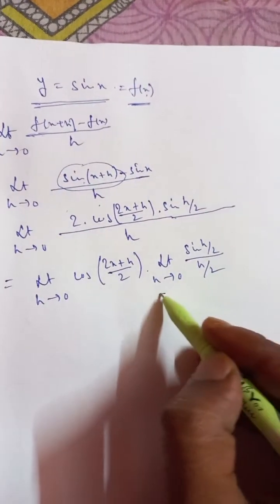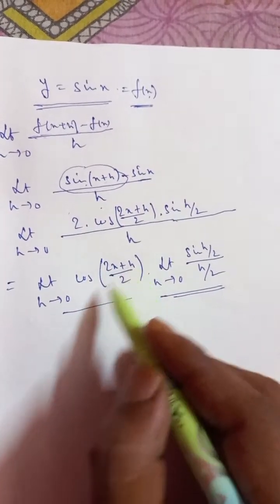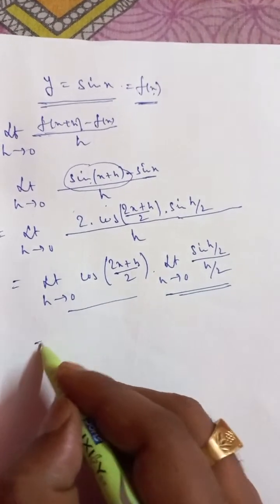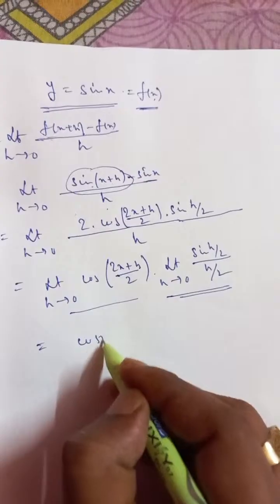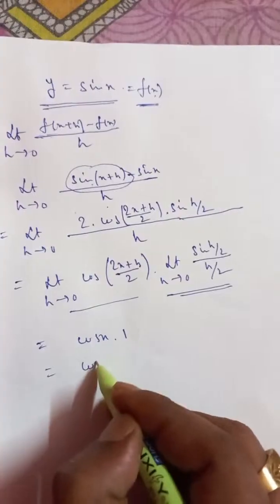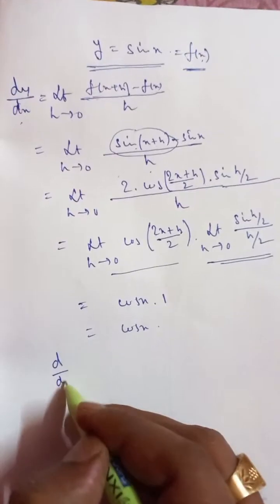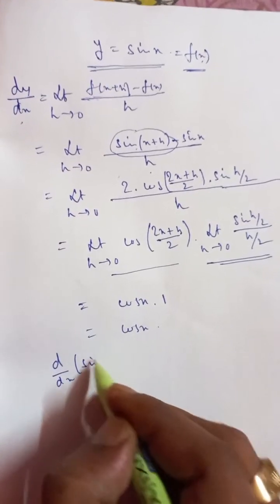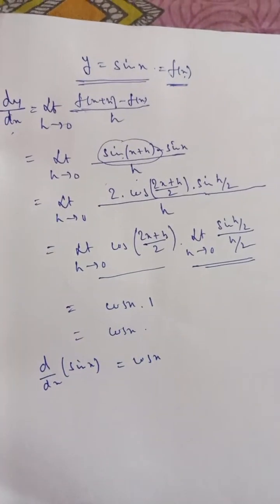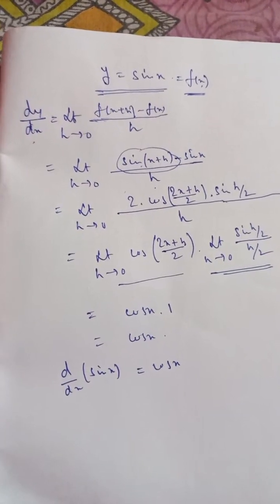This is equal to 1, and here if we put h equal to 0, we will get cos x, and this is equal to 1, so we will get cos x. So the first differentiation of sin x is equal to cos x. This is an example of differentiation from the definition of differentiation.